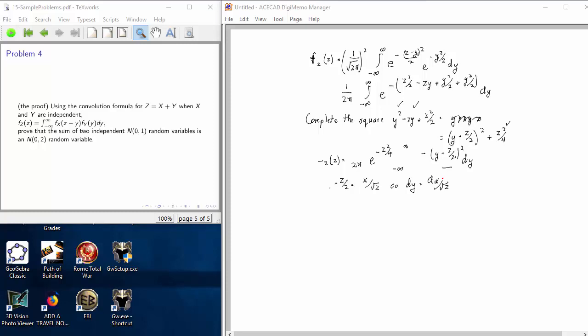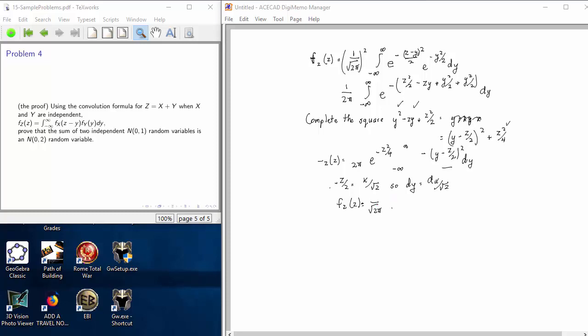And now the density function is equal to, well, I've got this 1 over 2 pi. I'm going to split it up into two factors of the square root of 1 over 2 pi.